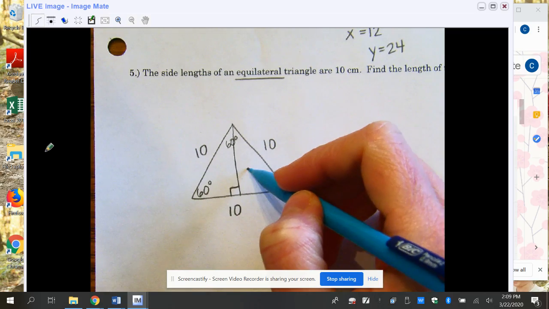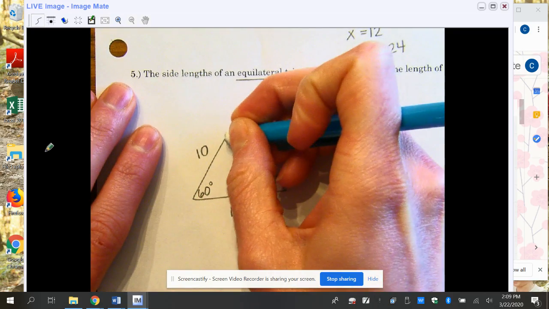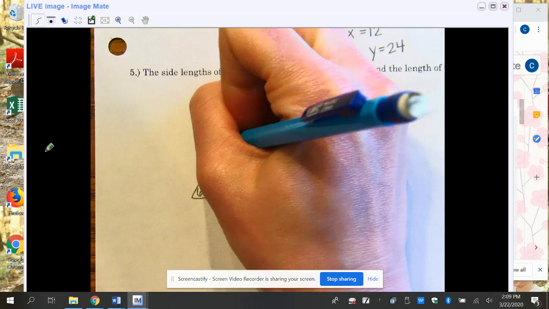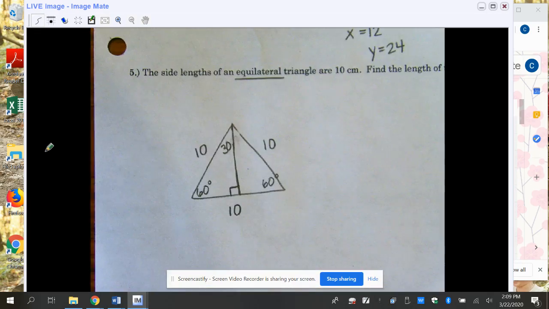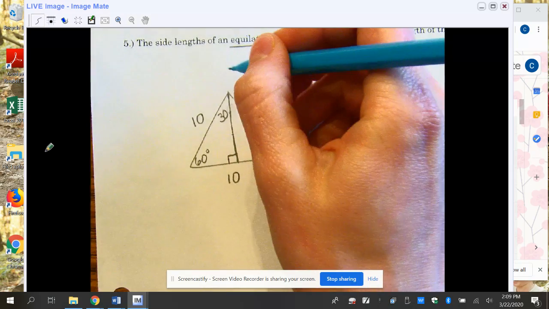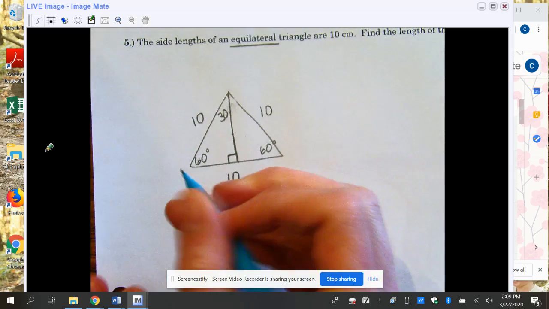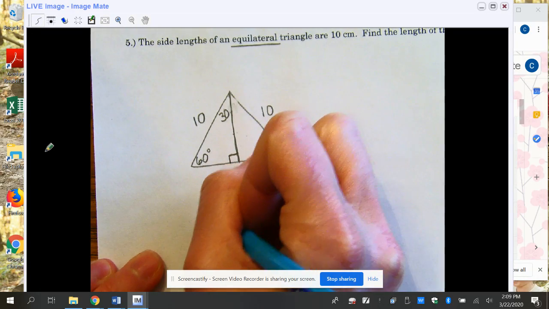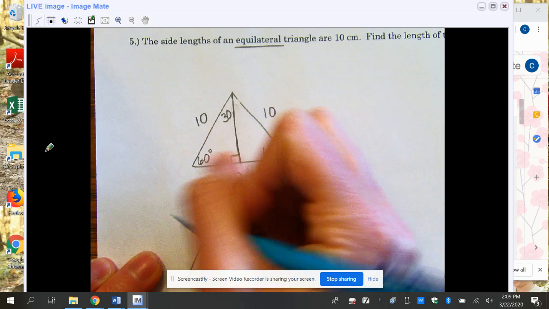And if this angle is 60, then based on the rules about angles in a triangle, that has to be 30. So if I want to know the length of the triangle's altitude, I can use the properties of 30, 60, 90 triangles to do that. So just to uncomplicate this picture, I'm going to draw just this triangle. So that's the 10.